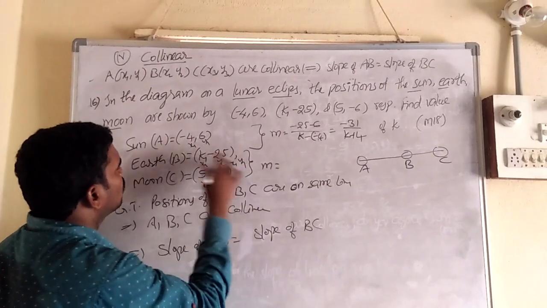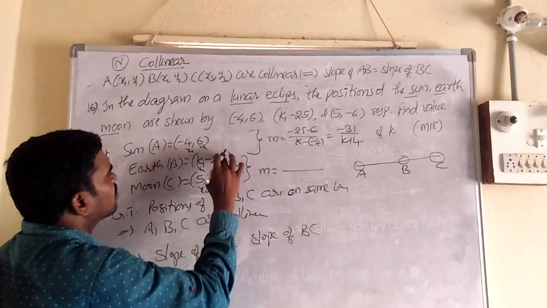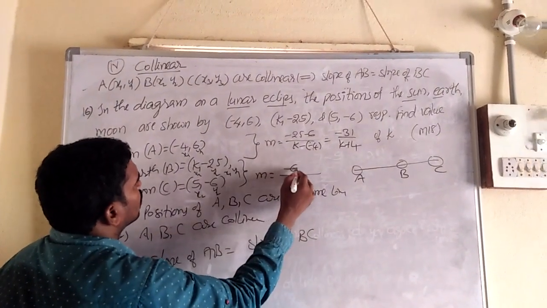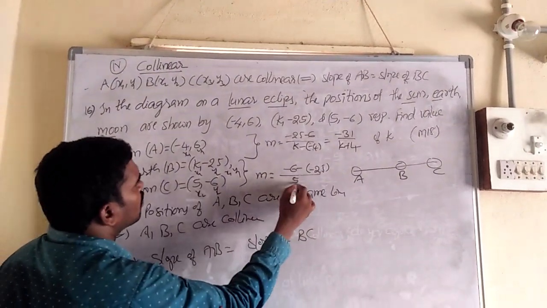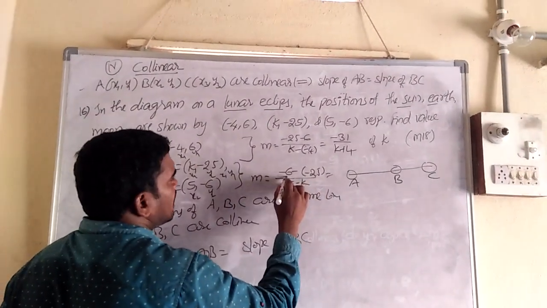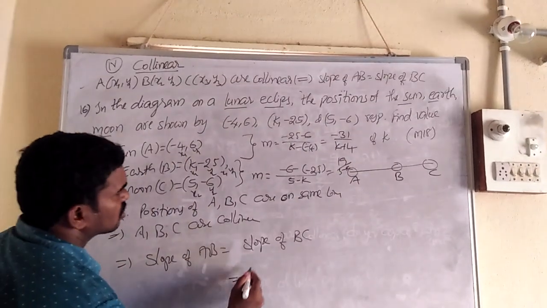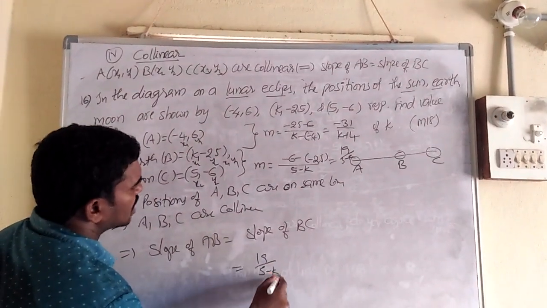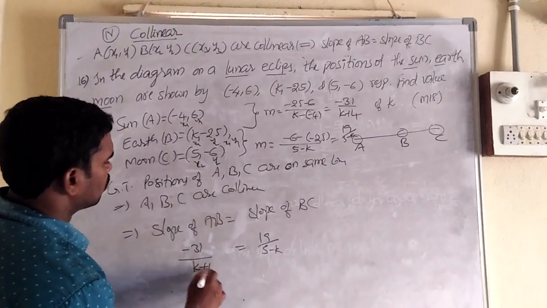So slope of BC is (y2 - y1) by (x2 - x1), which is (-6 - (-25)) by (5 - k), that is (-6 + 25), which is 19 by (5 - k). And slope of AB is -31 by (k + 4).